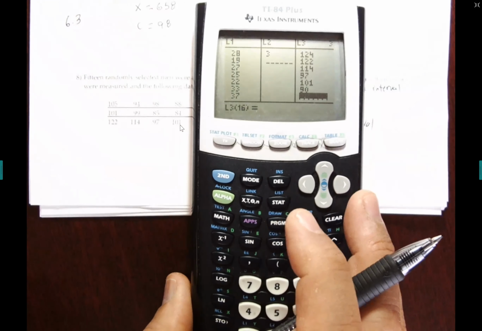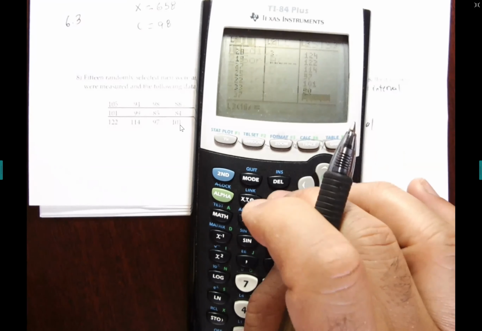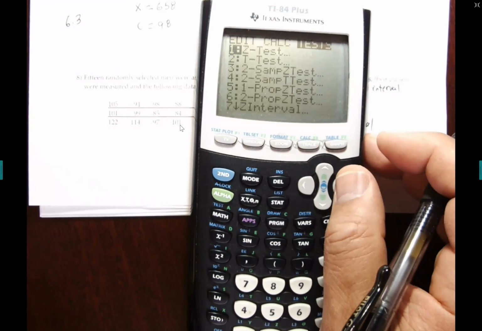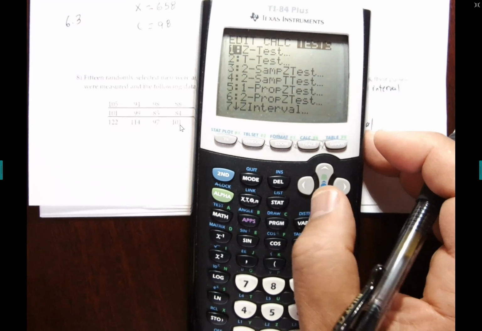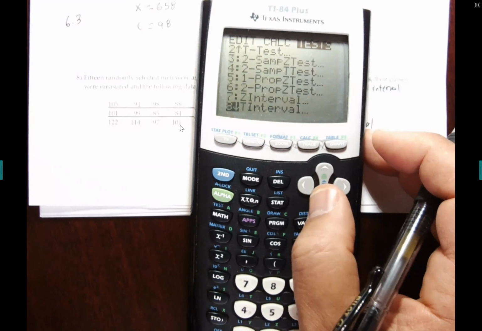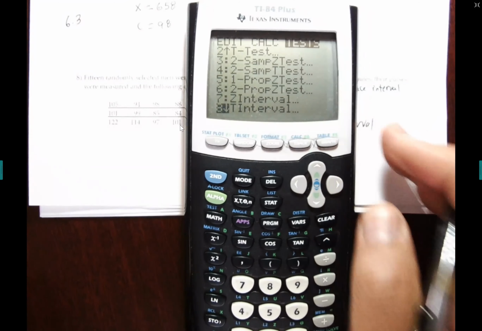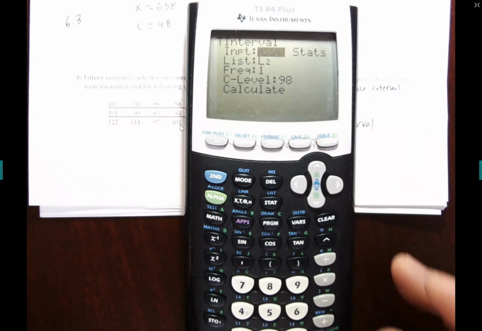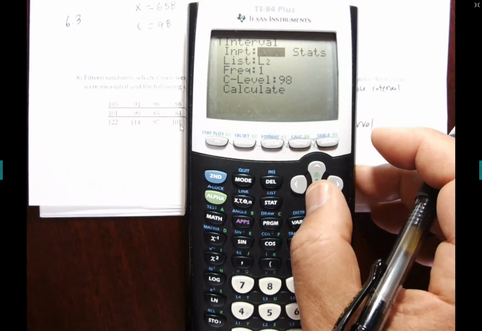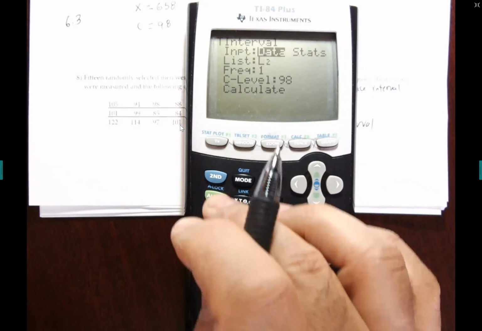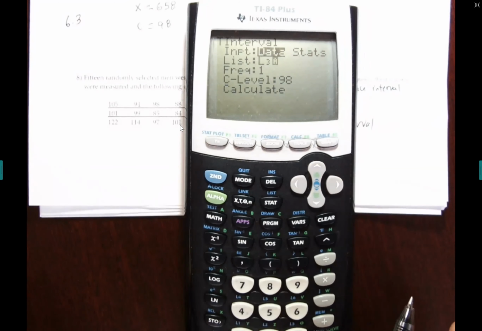And here's how we run it. You go to stat, tests, and then T interval. My input is data. I put it in L3, guys. So I press second and number 3.